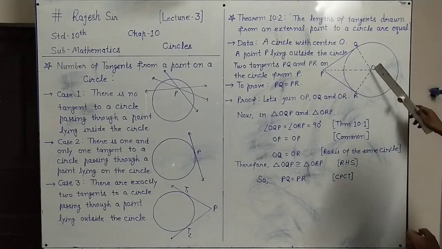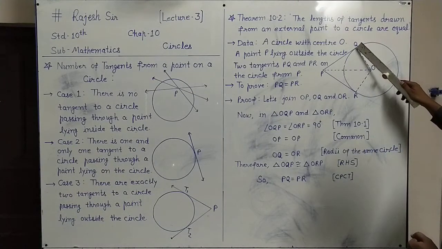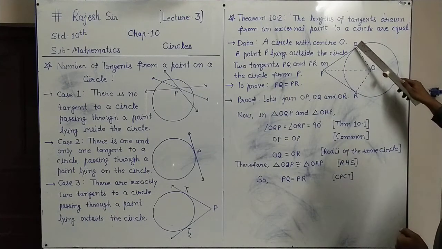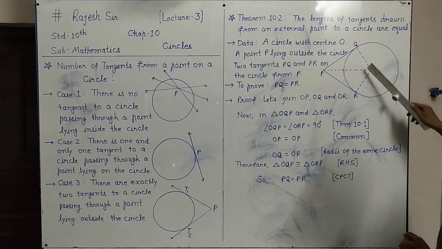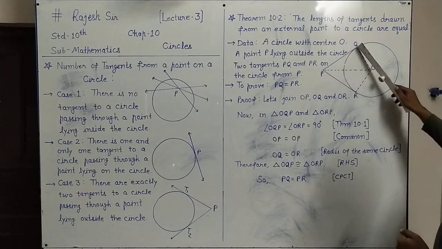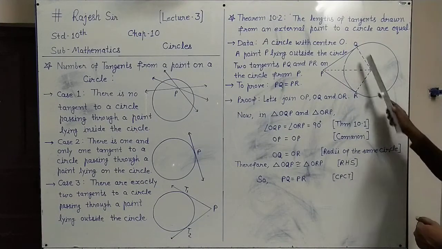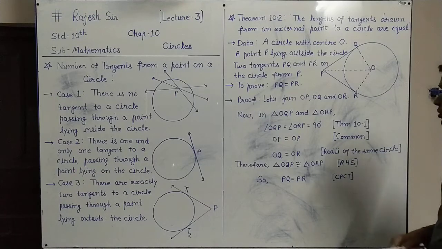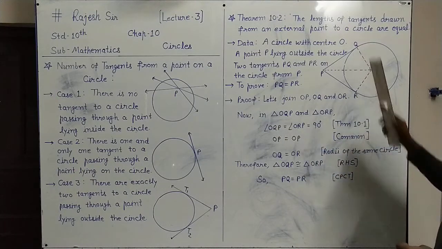In this case also, OQ is the radius, PQ is the tangent and Q is the point of contact. So this radius OQ will be perpendicular to PQ, that means it will make 90 degrees over here at Q. So angle OQP is 90 degrees.